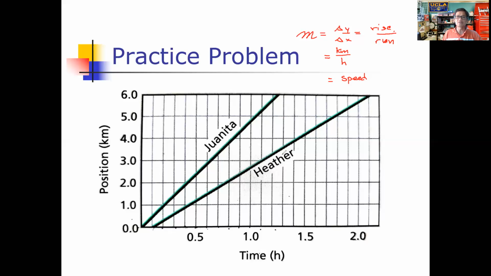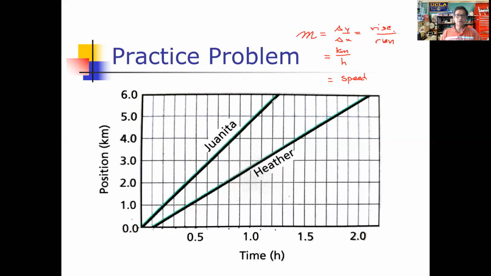Juanita is running faster than Heather. So that's another reason how we know that Heather will never catch Juanita, because first of all, Juanita starts out first and then she's running faster. So the lines don't meet, but furthermore, the slope of the line shows Juanita is moving faster than Heather.